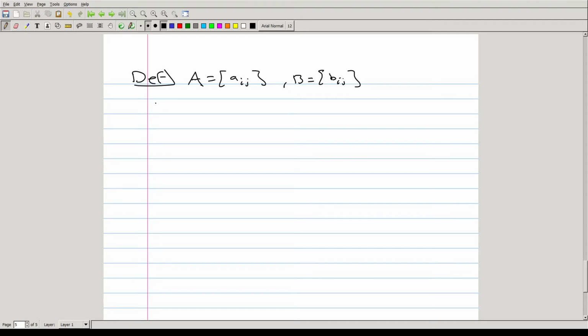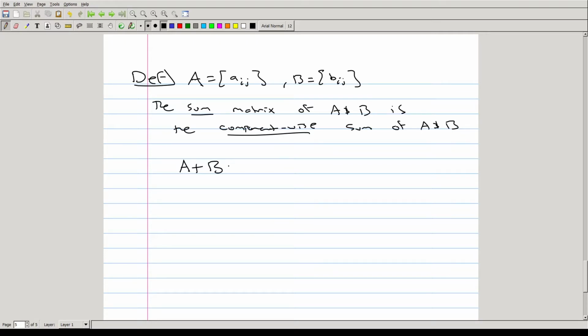The sum matrix of A and B is the component-wise sum of A and B. So the sum matrix is noted by A plus B, and this is going to be the new matrix whose ijth component is Aij plus Bij.